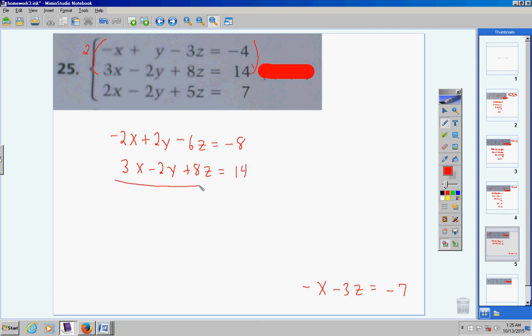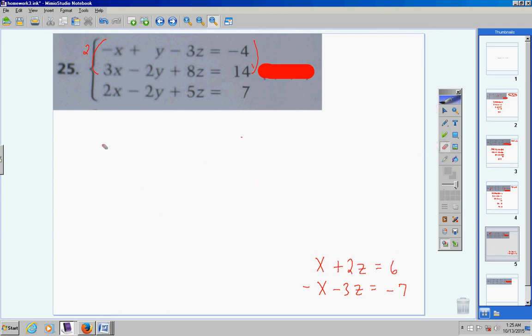Now let's see what we have here. These will cancel. -2 +3 is x, +2z equals 6. So I have an equation with an x and a z, an equation with an x and a z, so I hope that I've not made any of those silly little mistakes, alright? But it does happen, so when it happens, you just kind of start over.